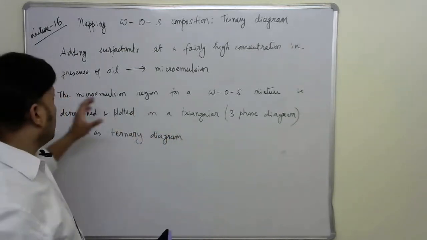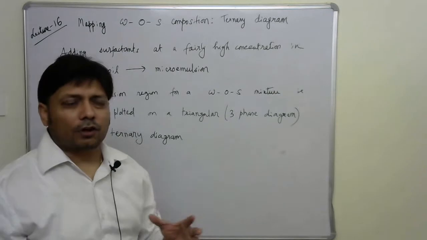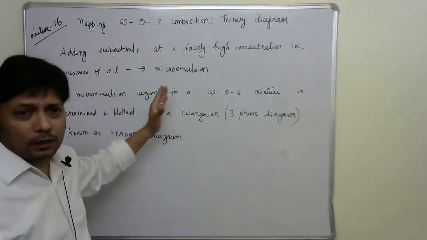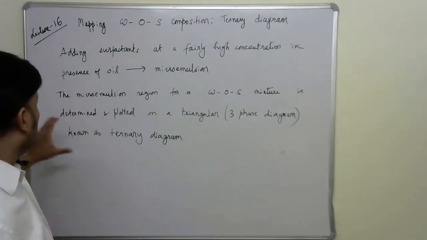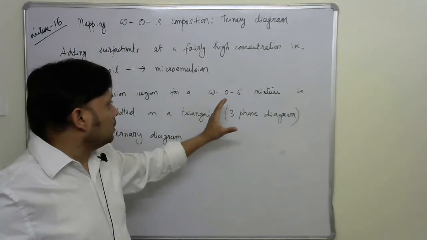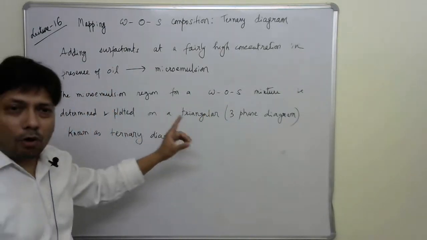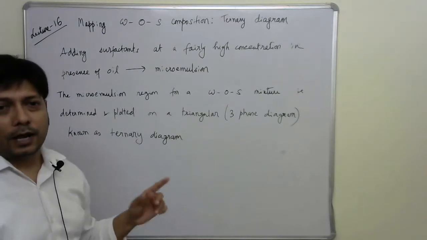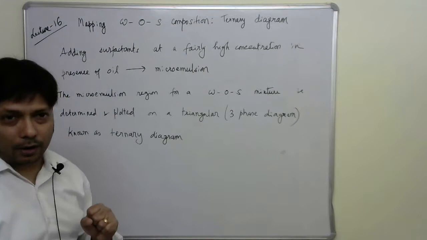Adding surfactants at a fairly high concentration in presence of oil gives you microemulsion. So the microemulsion region for an oil, water, and surfactant mixture is determined and plotted on a triangular diagram or a three-phase diagram, and that is known as a ternary diagram.